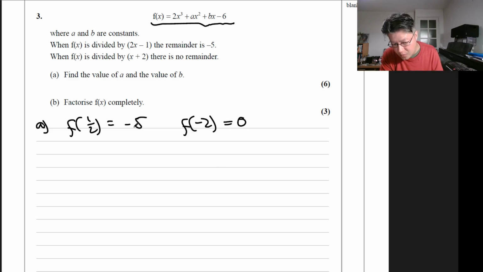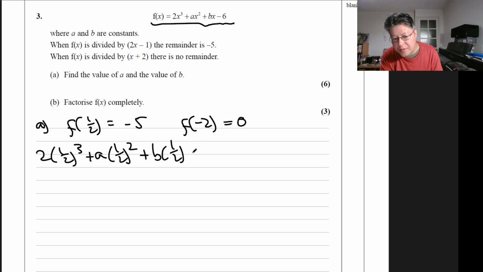So let's work out the first one. We're going to substitute half into f first of all. So we get 2 times half cubed plus a times half squared plus b times half minus 6, and that should equal minus 5. So we'll just simplify this.